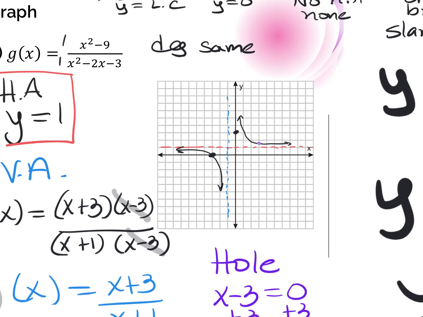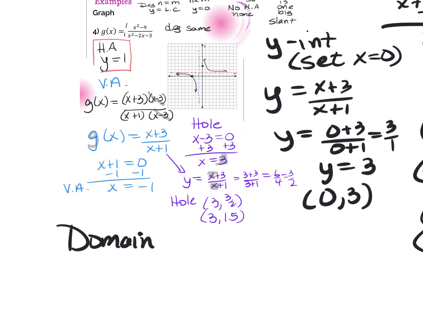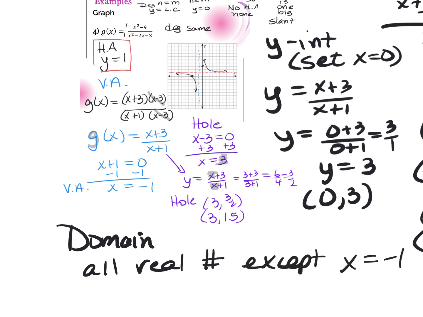Now, we also have to list the domain and the range. So the domain for number 4 is going to be all real numbers except when x equals -1 and when x equals 3.